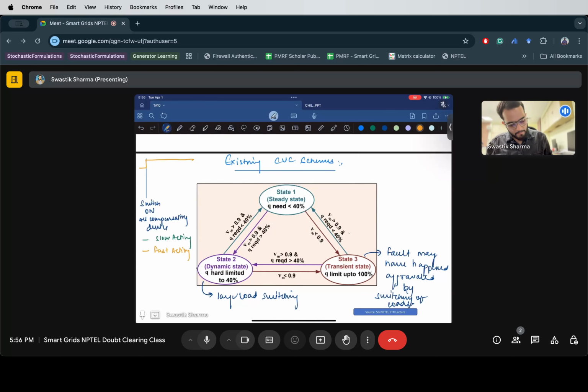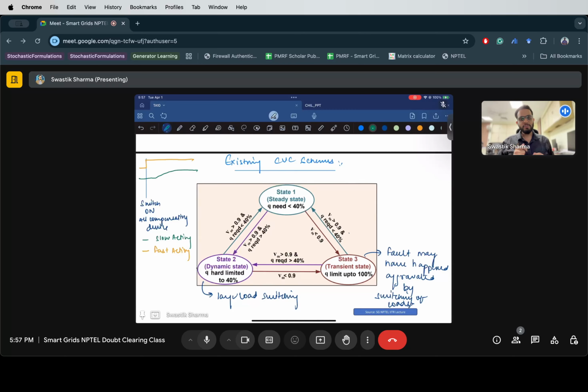But the slow acting ones turn on like this. Now what will happen? There will come a time, I don't know if it will happen at all times, but it may happen that the reactive power becomes more than what was required, and that will further cause a devastating effect to your system.